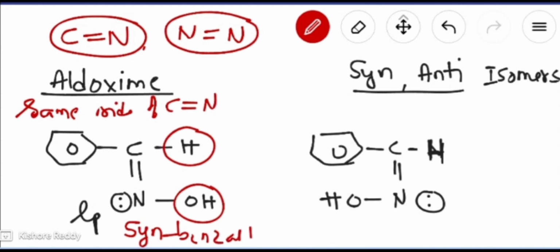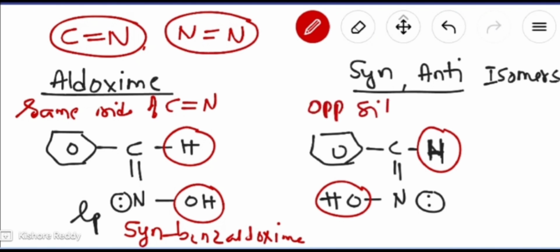Benzaldehyde with the oxime, so we call it benzaldoxime. I'll show you how you get the oxime also. So syn-benzaldoxime. Now what happens when H and OH are on the opposite side of C=N?